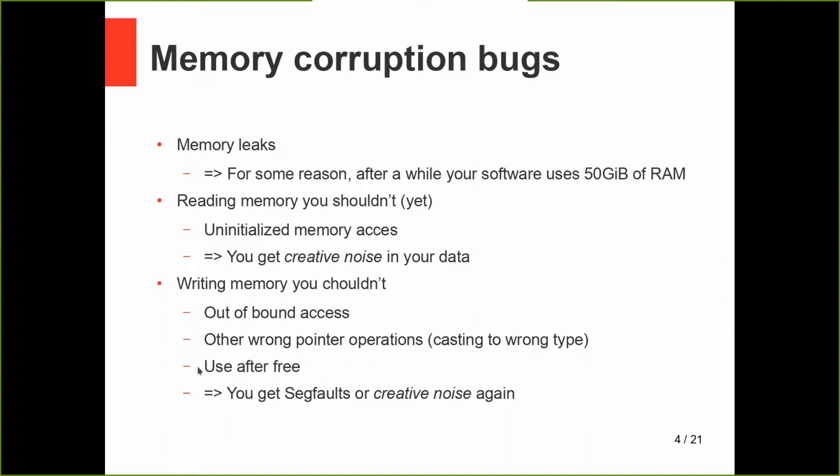Or also a situation where you continue writing to the memory long after the point where you have normally given it back to the system. In this case, depending on the exact memory layout at the moment, you're either going to have seg faults and other critical errors, or again, your results are going to have some weird noise in them.